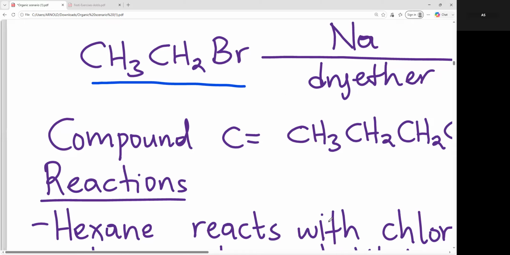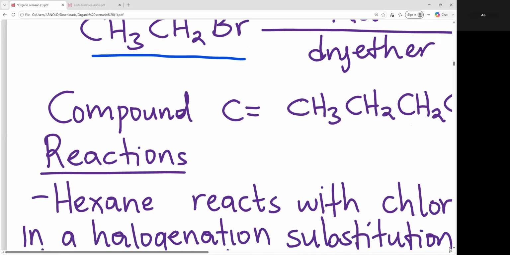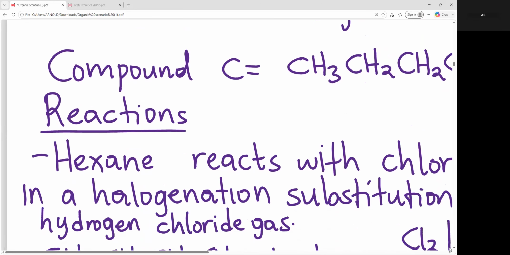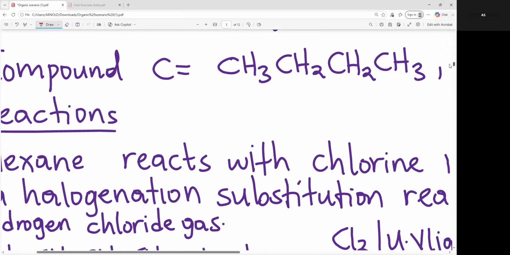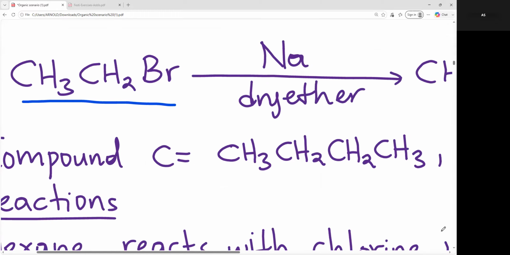This is the description we have seen earlier that hexane reacts with the halogens. Let me first explain before I demonstrate these wordings, otherwise they may confuse you.